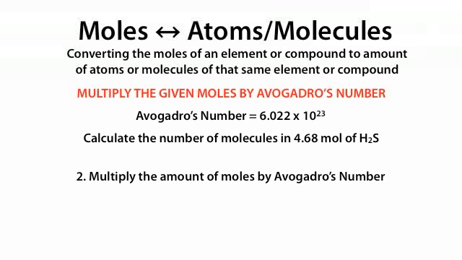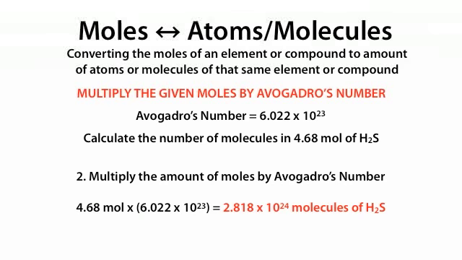So we're going to multiply 4.68 moles times 6.022 times 10 to the 23rd, which is Avogadro's number, always. So we multiply 4.68 times 6.022 times 10 to the 23rd, and we get 2.818 times 10 to the 24th molecules of H2S.